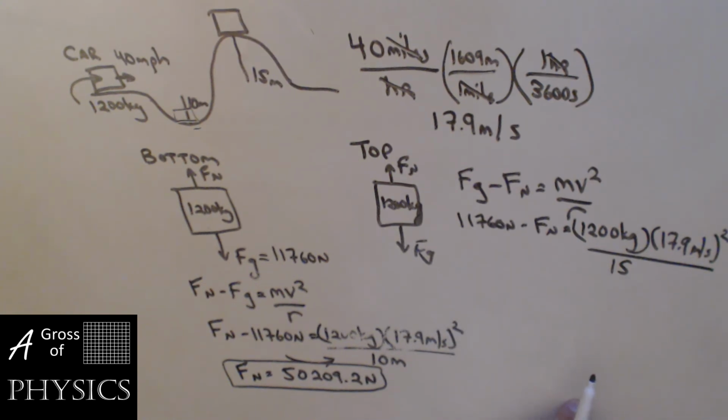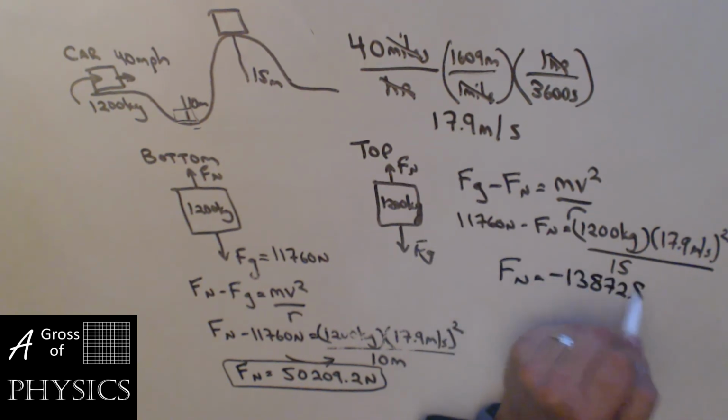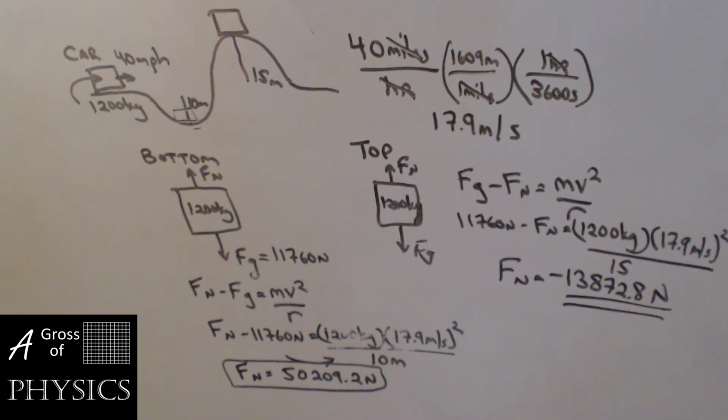So 1,200 times 17.9 squared divided by 15, and we're going to subtract 11,760 minus that answer. The normal force is a negative 13,872.8 newtons. Well, what does that mean?